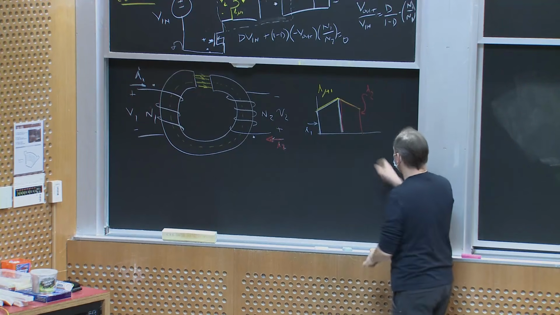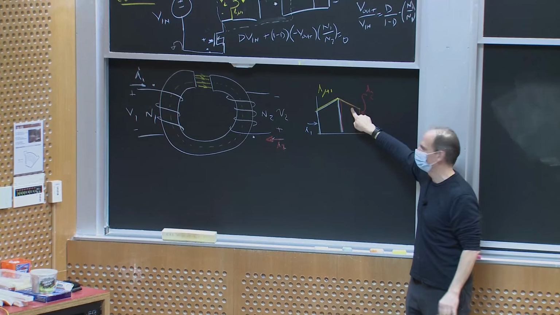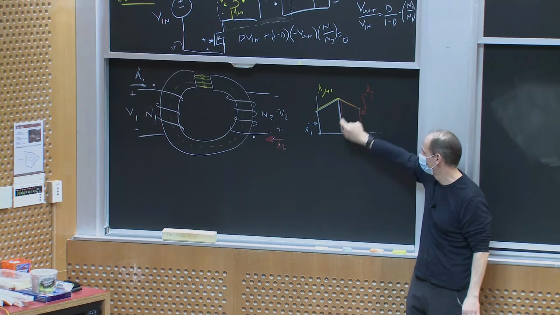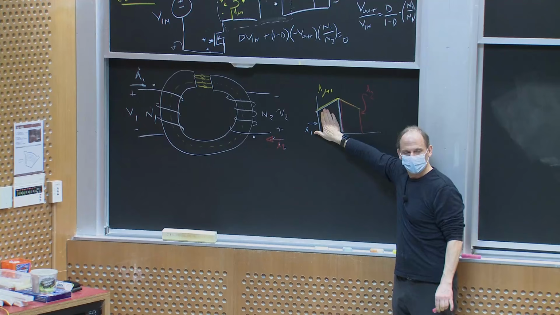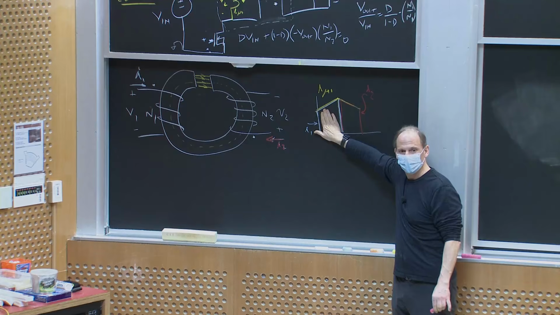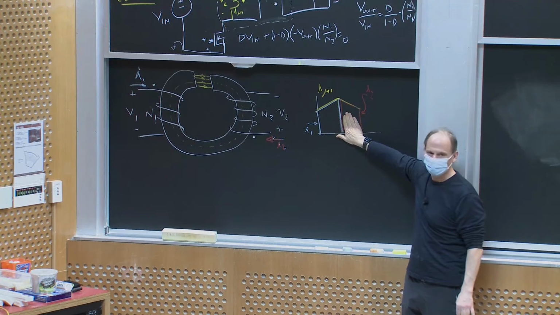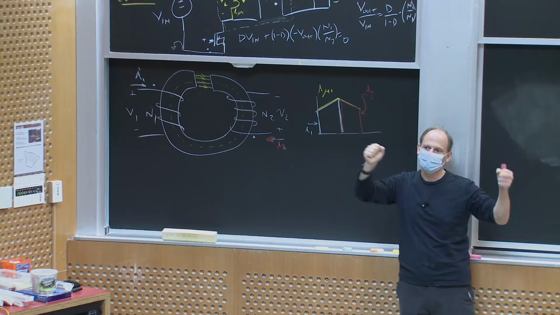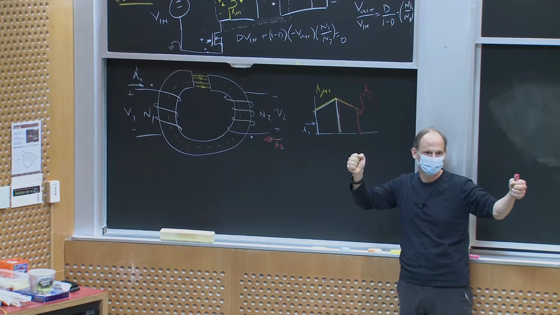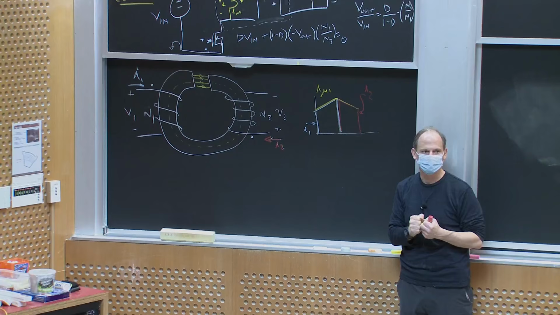So I've got a continuous magnetizing current, and hence continuous energy storage. In the first part of the cycle, I put energy into the transformer via the first winding. In the second part of the cycle, I pull it out of the transformer via the second winding. So it's the same kind of operation. I'm just using two separate windings instead of one winding. Questions?